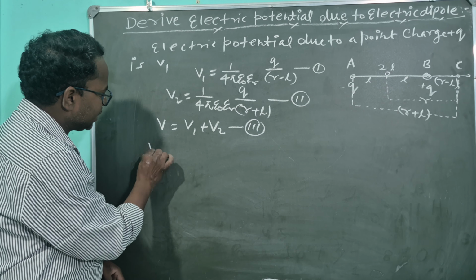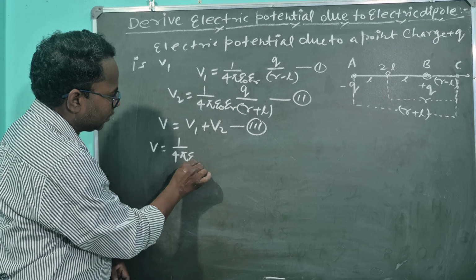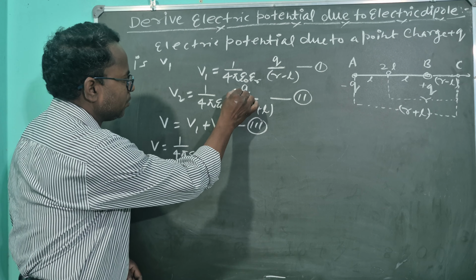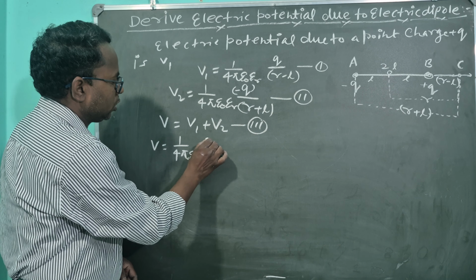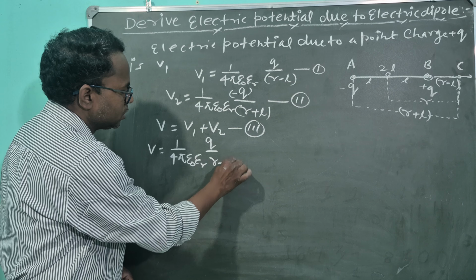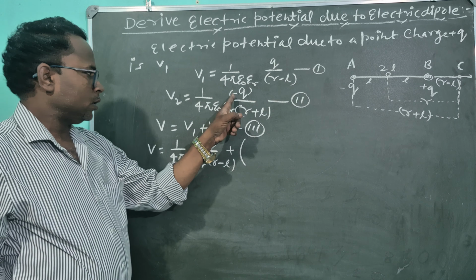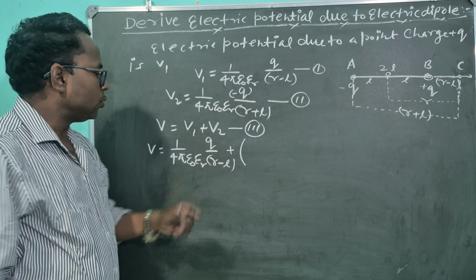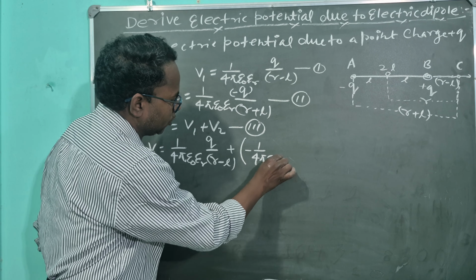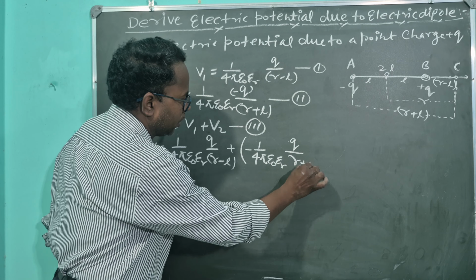Then V is equal to 1 upon 4 pi epsilon naught epsilon r, Q upon R minus L, plus, because of the minus charge, minus 1 upon 4 pi epsilon naught epsilon r, Q upon R plus L.